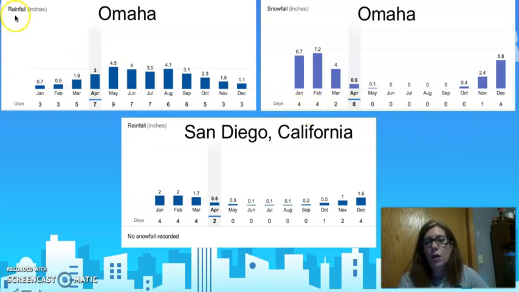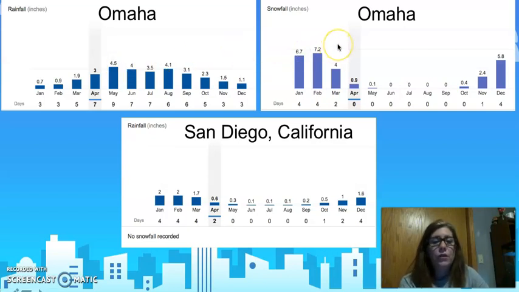For Omaha, one of our graphs shows rainfall and how much rain we usually get for each month. So you can see all the different numbers here. Now, our highest amount of rainfall is usually in May. That's in spring, and we know we usually get more rain and more thunderstorms in May, so that makes sense.